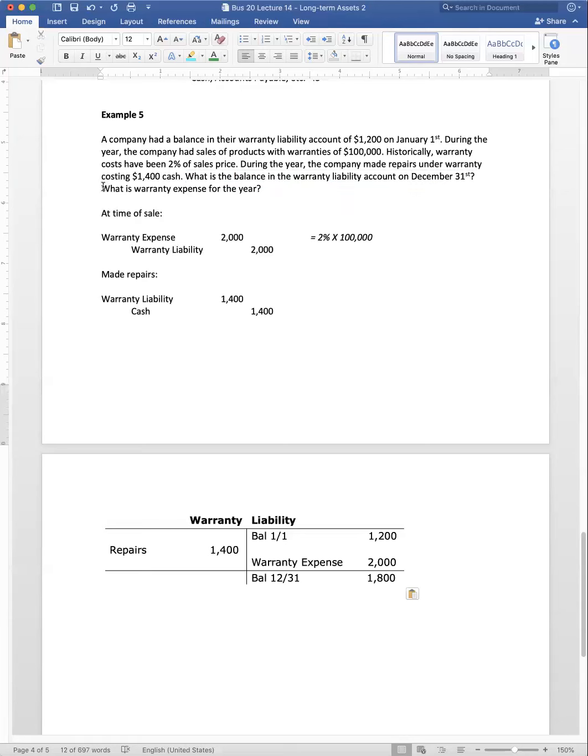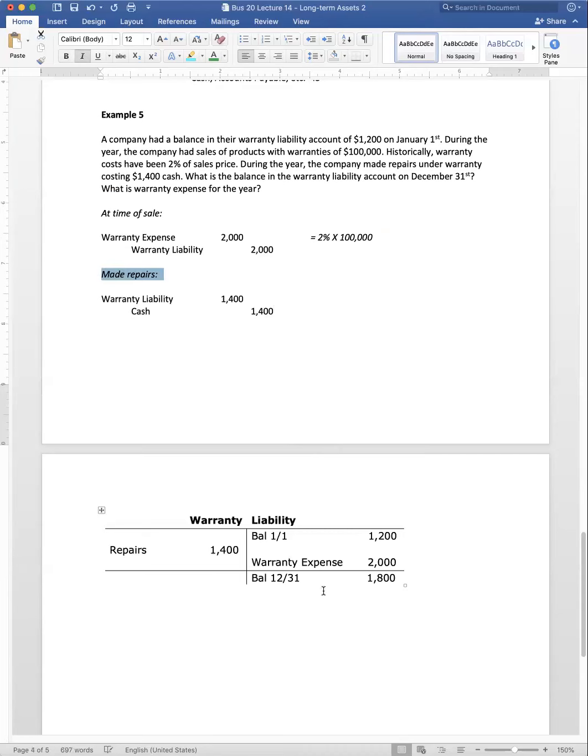All right, next question. What is the warranty expense for the year? Well, the warranty expense, we already recorded that. That's the $2,000 that we put right here. Okay, so again, you can see how I can ask a question differently. Right? So I can ask a question by saying, hey, what are the journal entries?